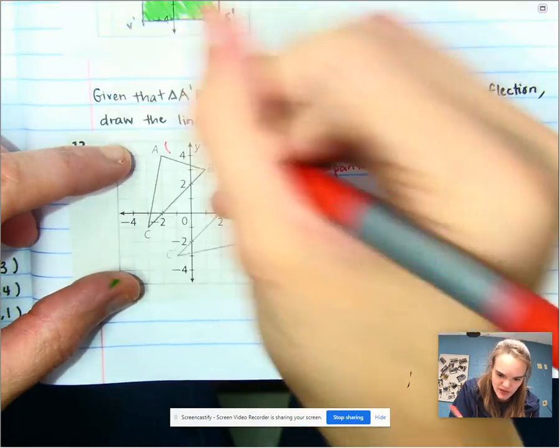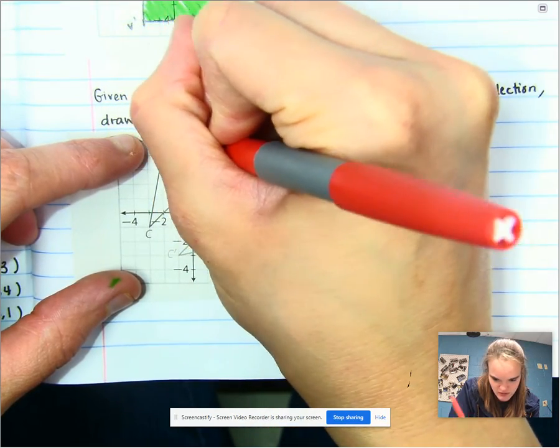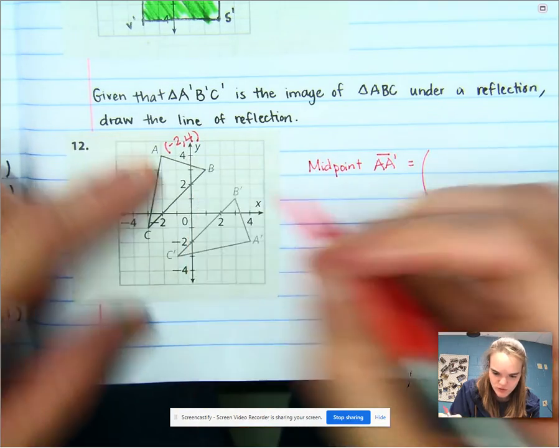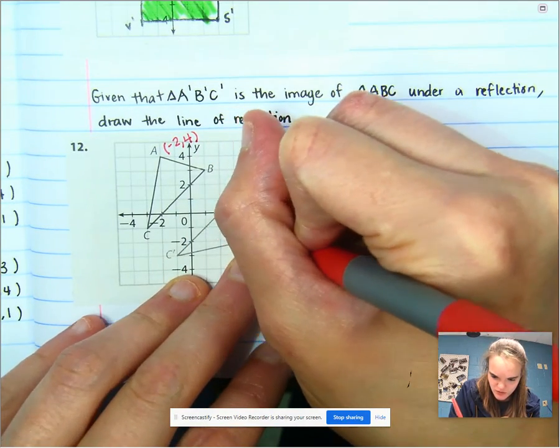Let's list the points. A is at -2, 4. And we're going to say that's x1, y1. A prime is at 4, -2.